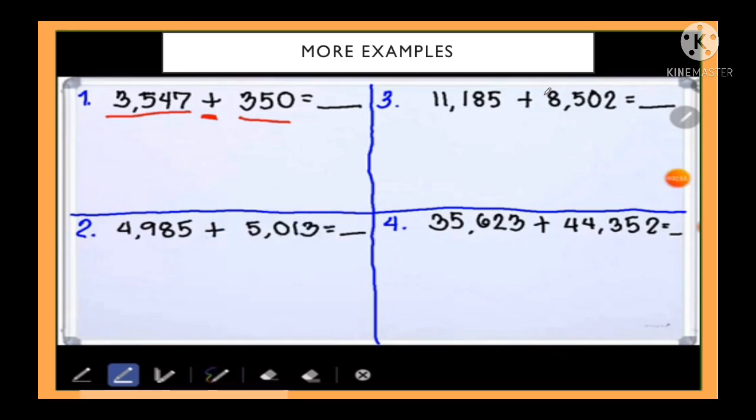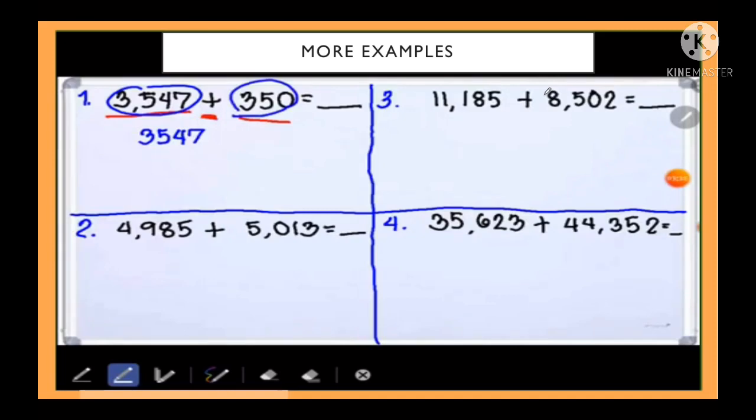Put it in blue, okay? Always, alright, we will start here on the first number. Okay? So we have here 3,547. How about here in 350? We will start with the ones place.